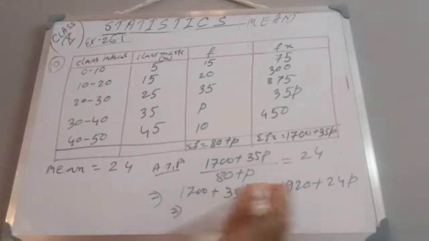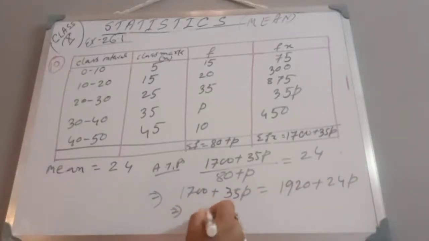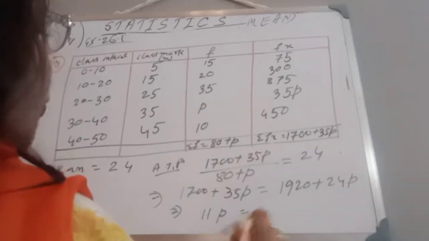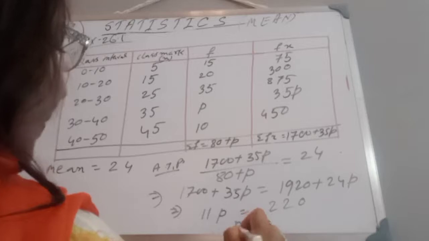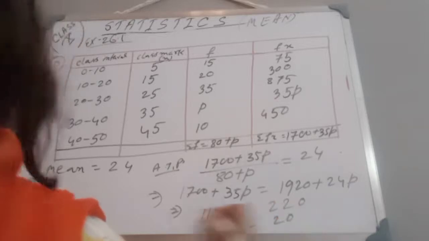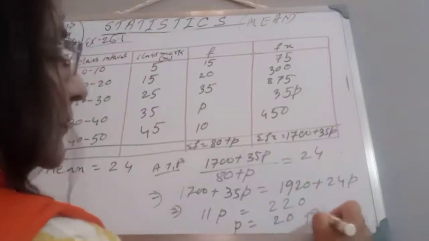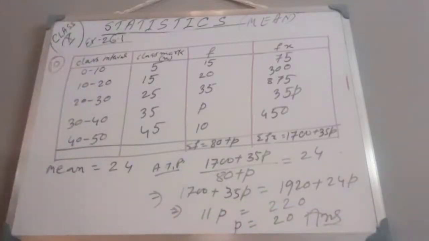So 35p minus 24p is 11p, and 1920 minus 1700 is 220. So p is equal to 20. What is the value of p? p is 20.